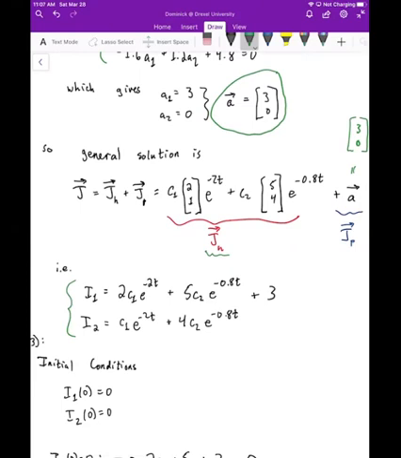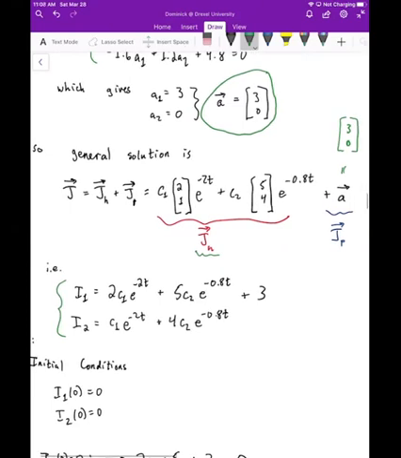Putting this all together, we have 2c1 e^(-2t) + 5c2 e^(-0.8t). And then the constant in this case was the 3. And then in the I2, you're not adding 0, so we usually don't write that. And then, of course, you have c1 e^(-2t) + 4c2 e^(-0.8t).